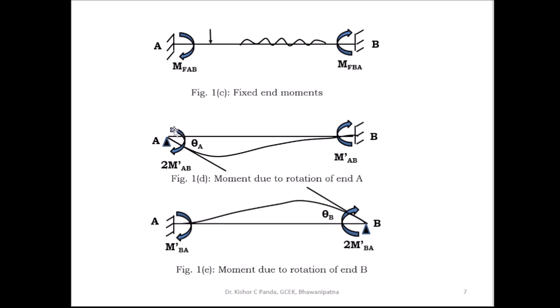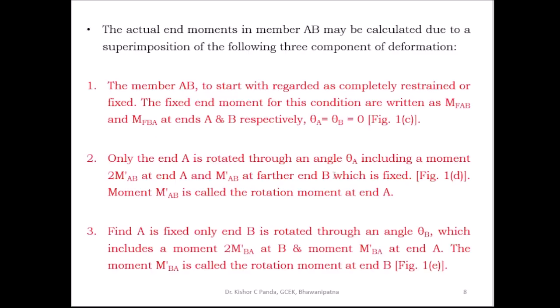Allow for the rotation theta A, and find out what rotational moment is induced at the end of member A and at the end of member B. The rotational moment induced at A is 2m' AB, and at B it is m' AB.